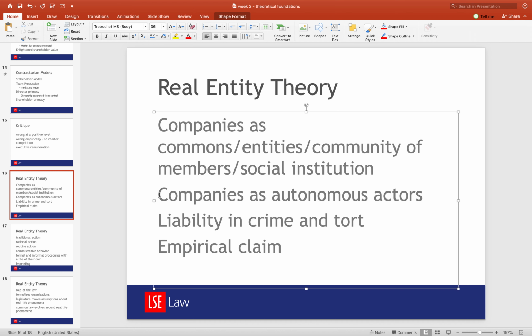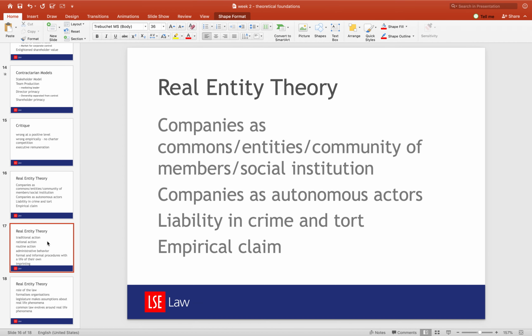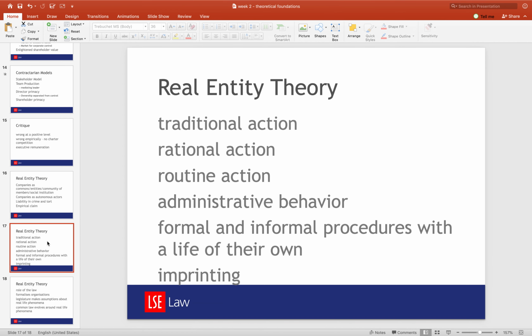Real entity theory contains an empirical claim, and the claim is that you can actually show that companies have an autonomous element to them, which I think the empirical literature has shown. So here is the sociology and psychological literature that I rely on for that empirical claim. There are different ways of acting.